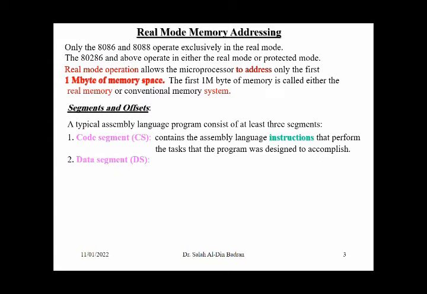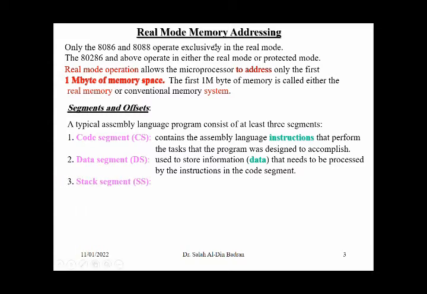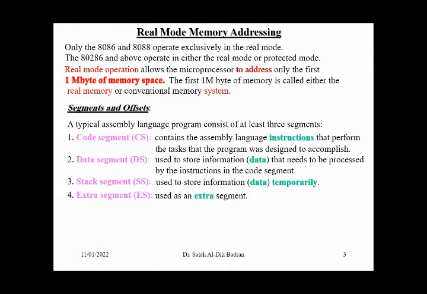Data segment, DS, is used to store information, data, that needs to be processed by the instructions in the code segment. And the stack segment, SS, is used to store information temporarily. The extra segment, ES, is used as an extra segment.